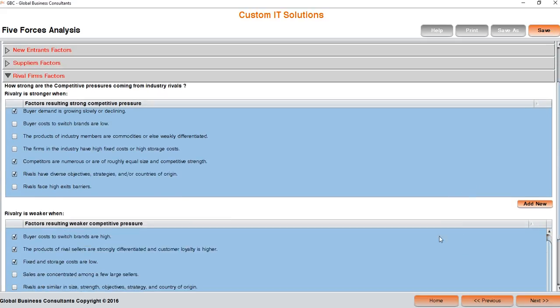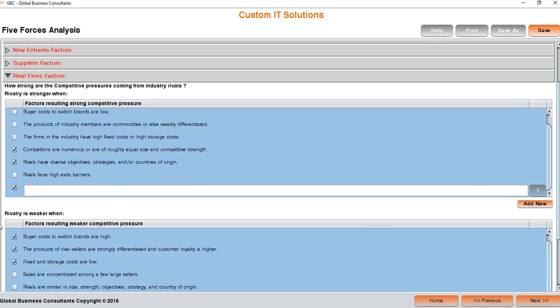Just remember that if there's anything that is not in here and you wanted to add something specific, simply click on Add New. It will automatically take it in, and you can just type in whatever it is that you think is relevant to your company. So for rivals, that is high exit barriers, just by way of example.